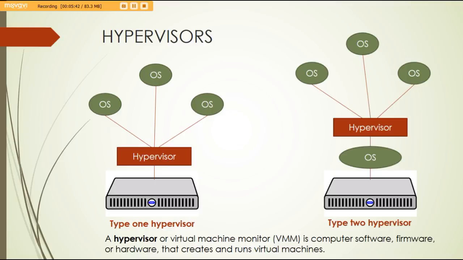Then comes the type 2 hypervisor. The type 2 hypervisor is distinguished on the basis of the layer. In the type 2 hypervisor, we have the equipment, then we have an operating system, and then we install the hypervisor on top of the operating system, as you can see over here in the diagram. And then we install the operating systems we want. We can install as many operating systems as we like and run them from this hypervisor.